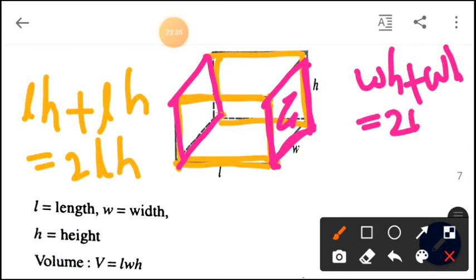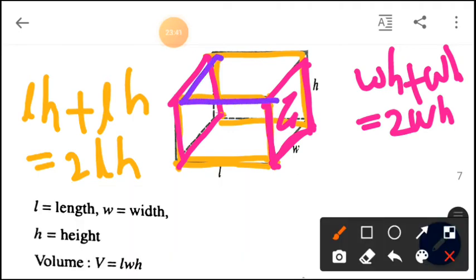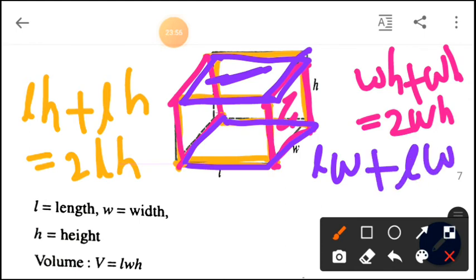WH plus WH, 2WH. Similarly, for the third part, this is length, this is width. So L into W is the area of this part. Similarly, the area of the bottom part is L into W. LW plus LW, 2LW.